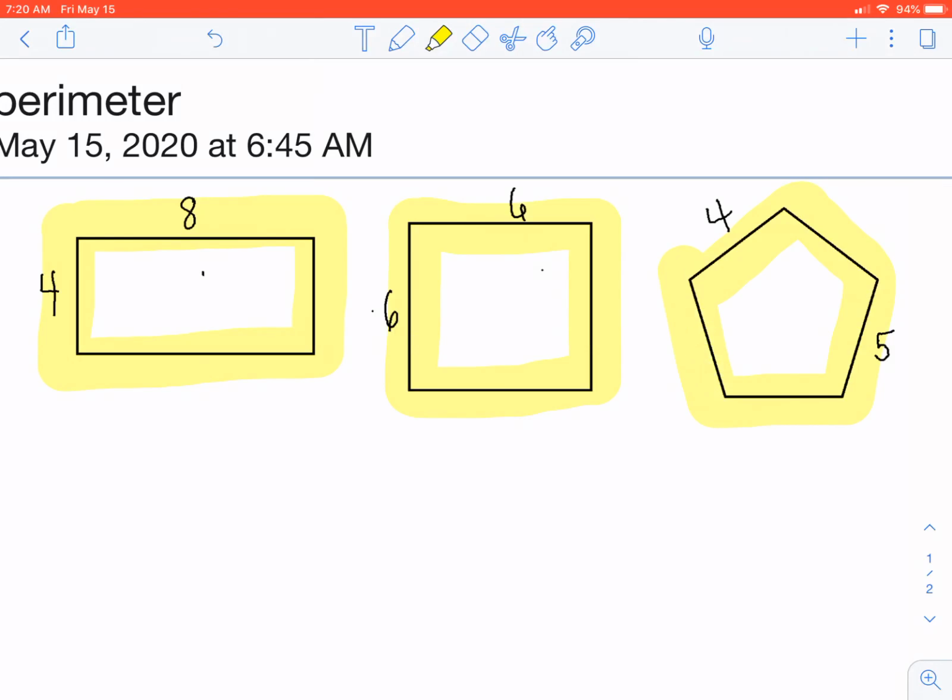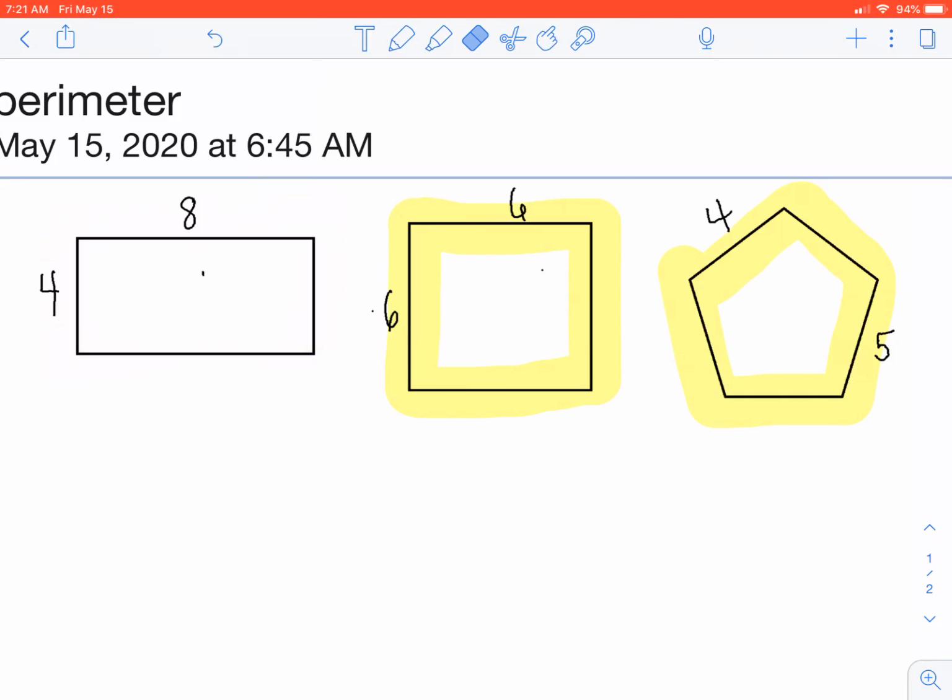And so you say, why aren't there numbers on the other two sides? Well, because if you look closely, the opposite sides are equal. So they're the same length.